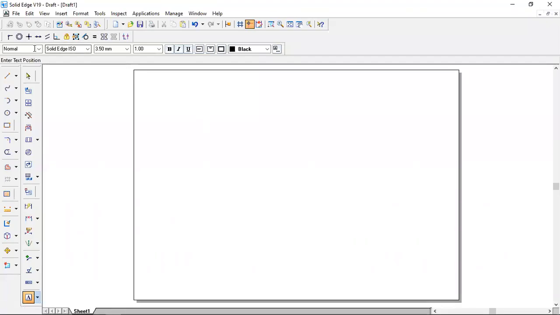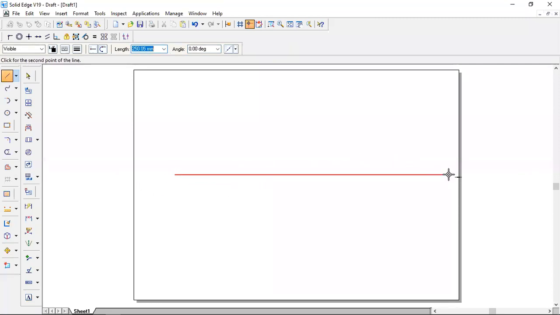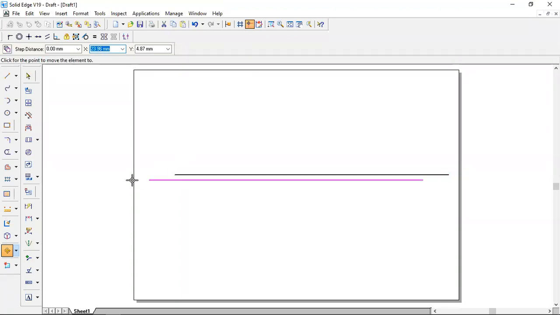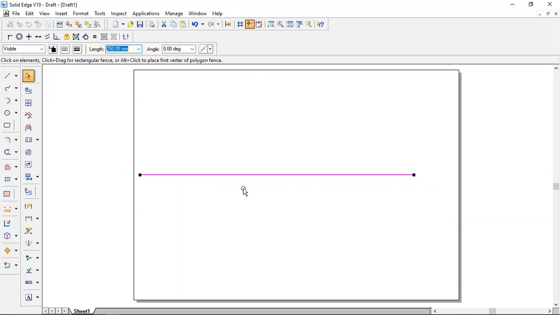See here, if you look at the XY line, how much thickness should there be from the XY line? The thickness should be 0.35.